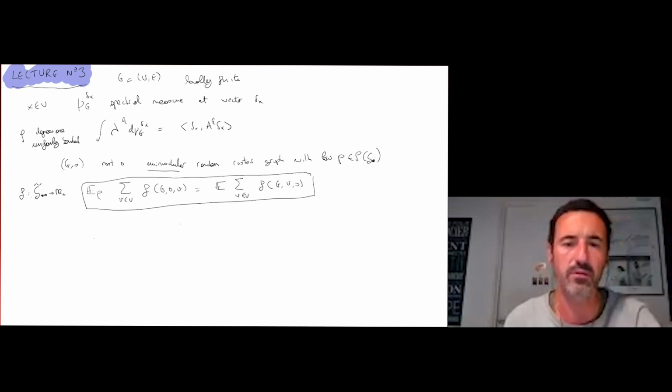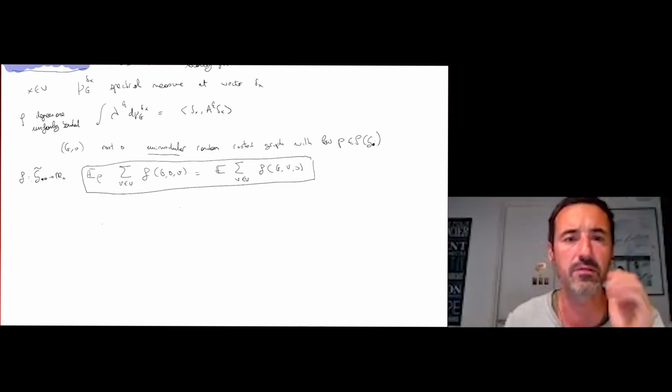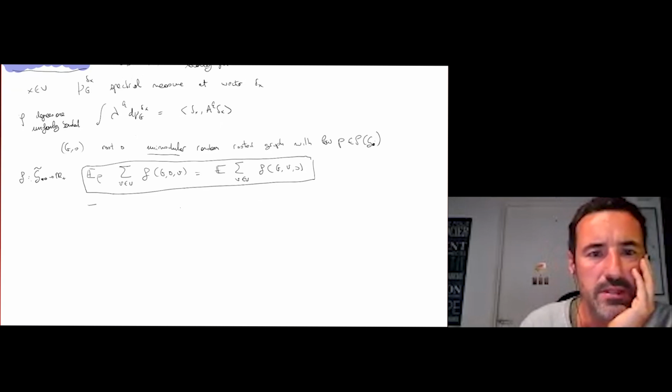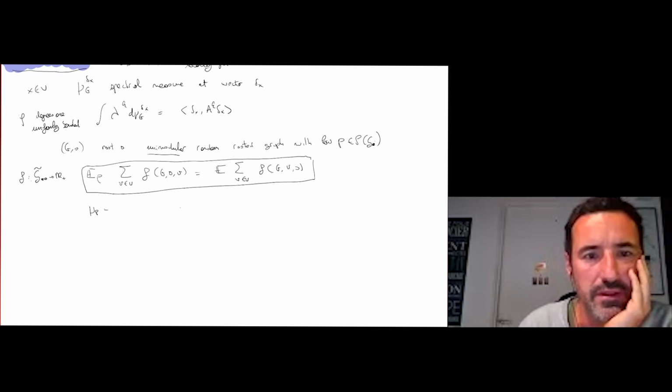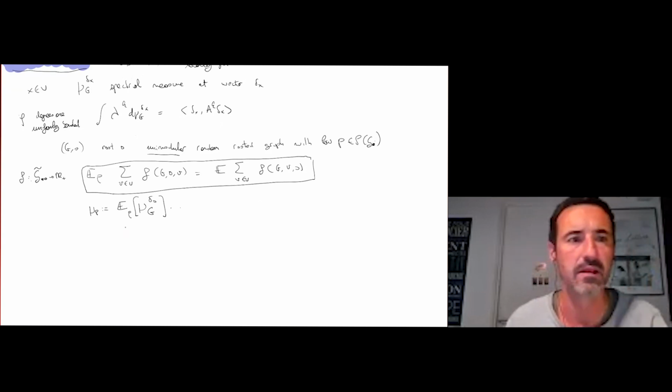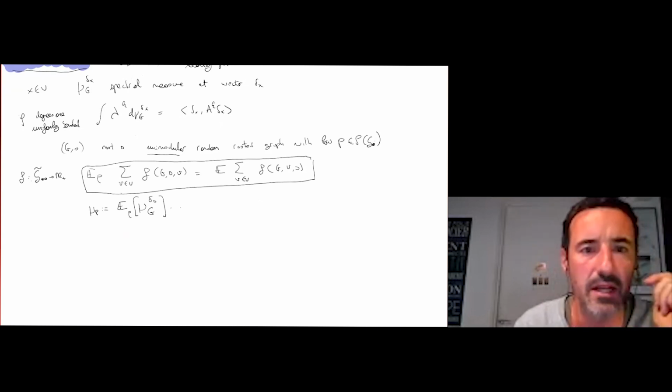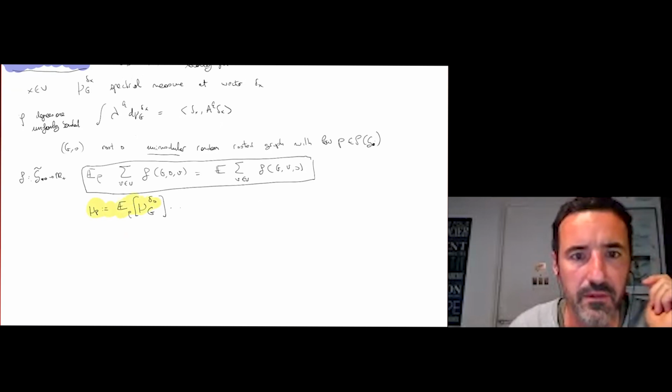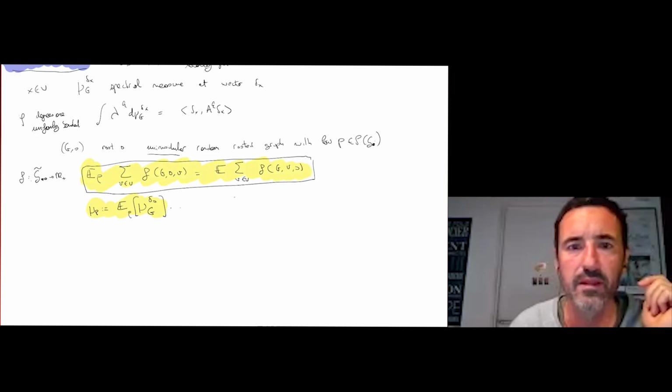Okay, so when you are unimodular, we define the spectral measure of the graph as mu rho, the expectation under its distribution of the spectral measure at the root.